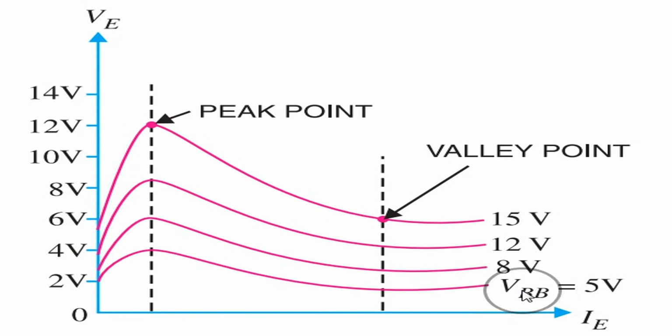There are different graphs for different VBB. If VBB is 5 volt, then this is the graph. Now VBB is changing, and if it is 8 volt, this is the graph between IE and VE. If VBB is still more, 12 volt, this is the graph.